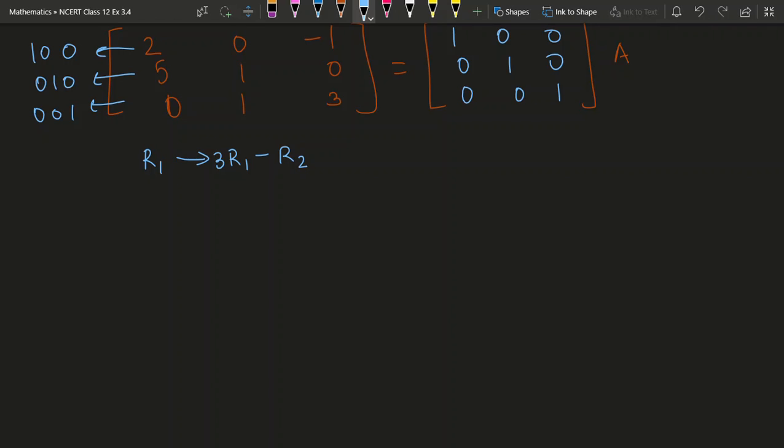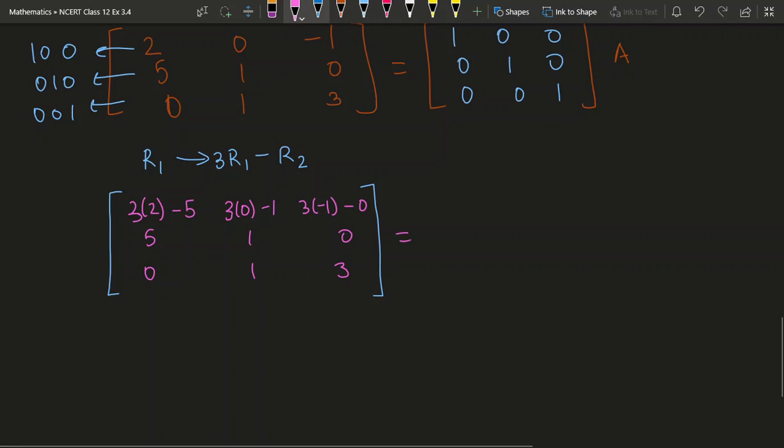If you do that, instead of R1, you are going to write 3 times 2 minus R2 which is 5, then 3 times 0 minus 1, and then 3 times negative 1 minus 0, and all of the rows stay the same: 5 1 0, and 0 1 3. Now you have to do the same thing on the other side, otherwise this operation just doesn't make any sense.